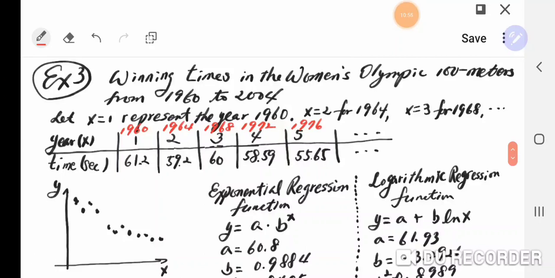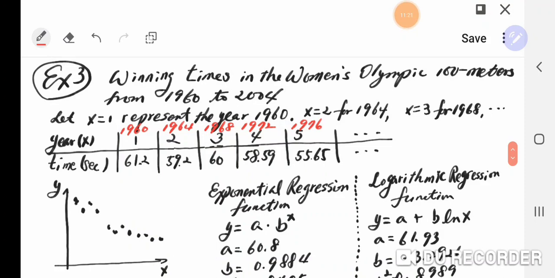If x equals 2, that will be the next Olympic year, 1964. And x equals 3 will be 1968. So for each year, there is the winning time recorded.